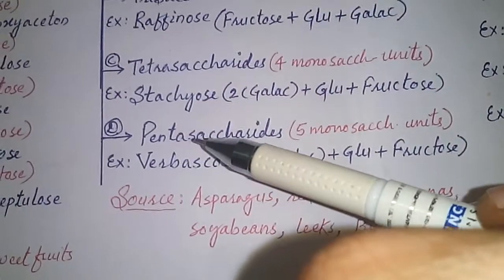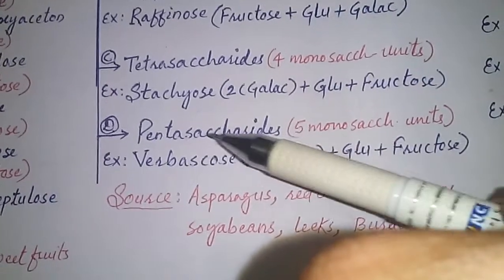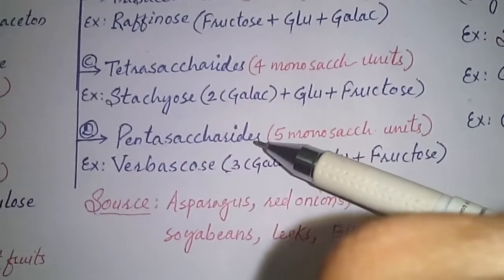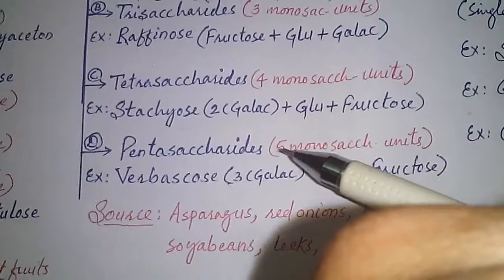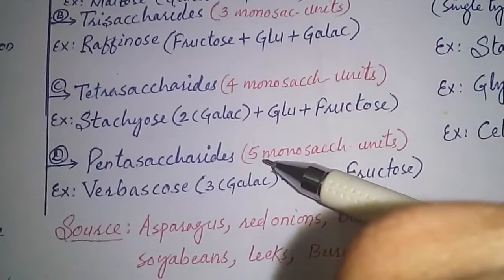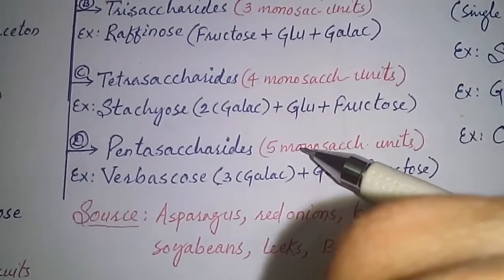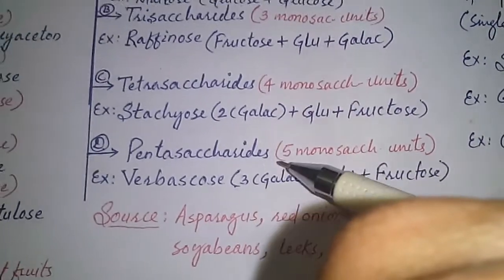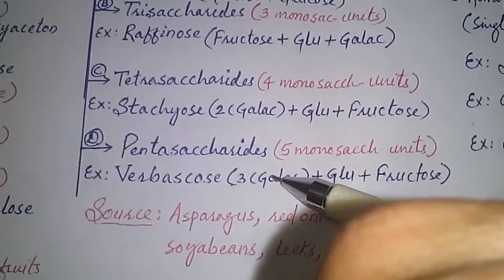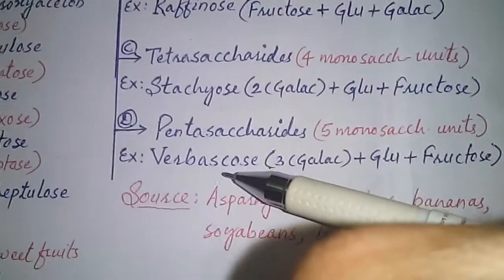Then the last type, pentasaccharides. Penta means five. These are the type of oligosaccharide which consist of five monosaccharide units, and these five different monosaccharide units combine to form the pentasaccharides.